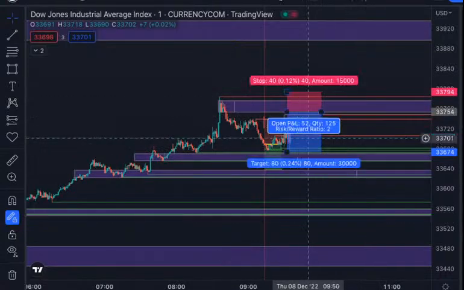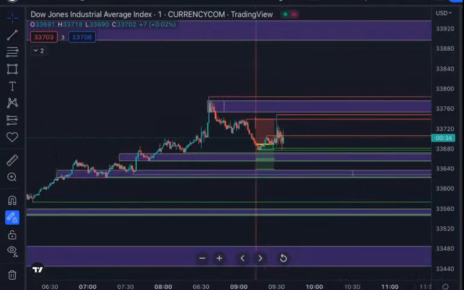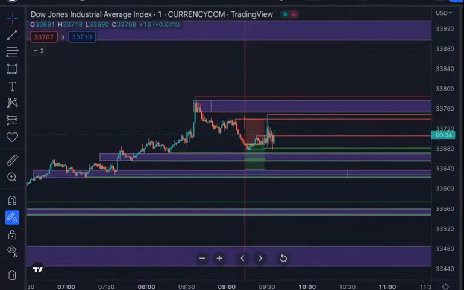So we're just going to be patient. I'm actually going to erase this. Yeah, so let's not worry about that. The market's 125, 130 points in the green, but the retail sentiment is 63, 64% short. So what we want to do is the actual opposite of that. So that's what we're going to do.